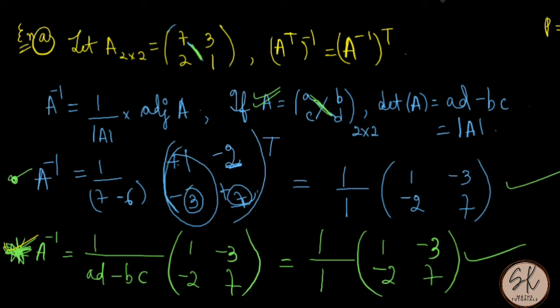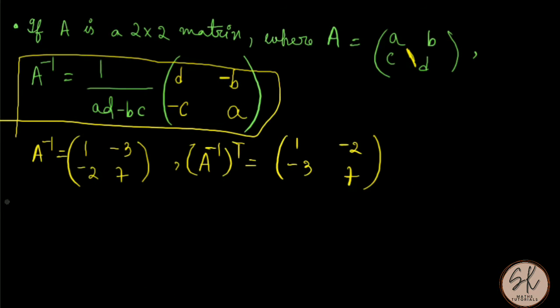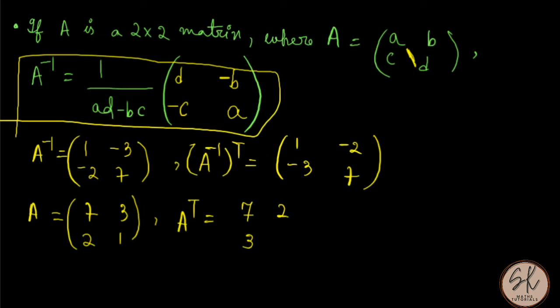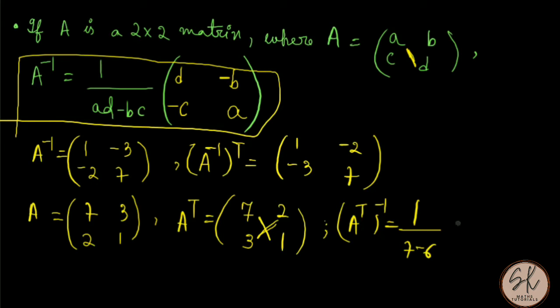Alright. And now we will find A transpose inverse. Okay. So A is 7, 3, 2, 1. Alright, now its transpose is equal to 7, 2, 3, 1, and the inverse of the transpose, the transpose inverse, is equal to 1 by 7 minus 6. See, this is 7 into 1 minus 3 into 2, that is 7 minus 6, which is equal to 1.